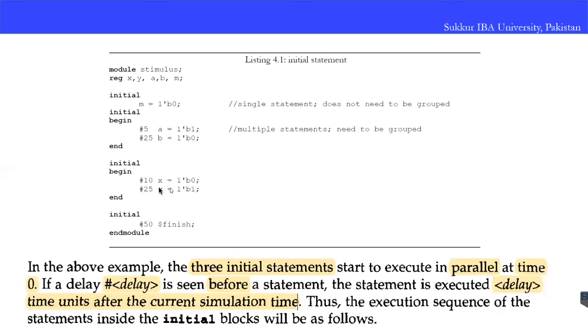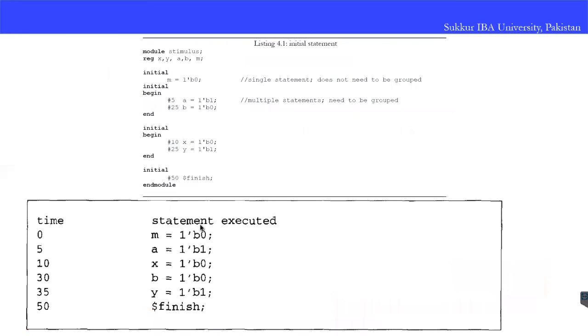So this initialization will be performed at 35. And the simulator will finish the simulation at 50 time units. In the next slides, we'll see the output. The first initialization is at t equal to 0, the second at 5, the third at 10, the fourth at 30, the fifth at 35, and the simulation finishes at 50.